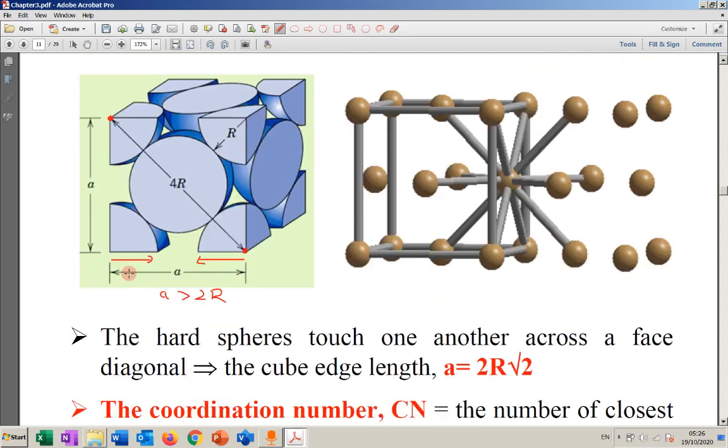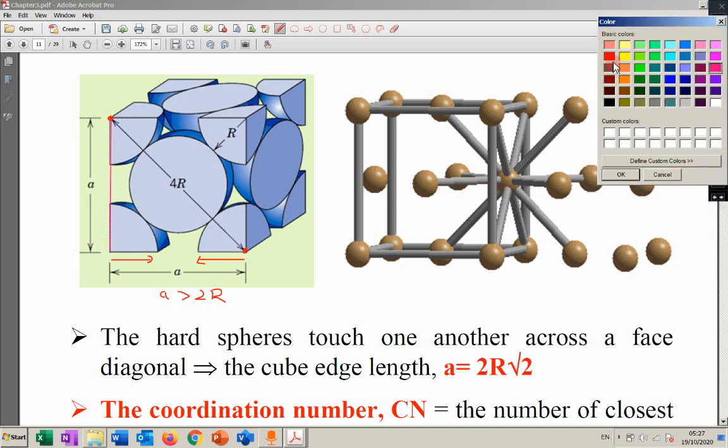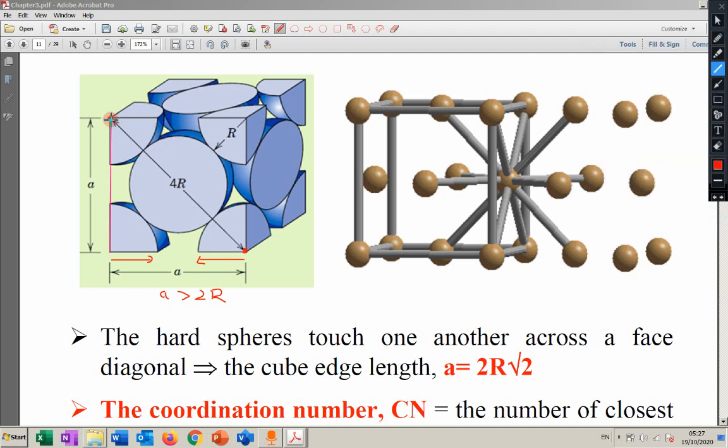So how do we find this relation between A and R? By using trigonometry. We know this is A. We know this is the lattice parameter A. Why? Because we have a cube.